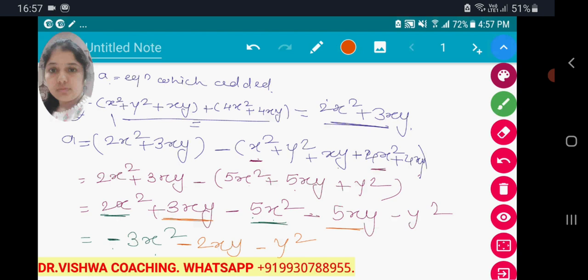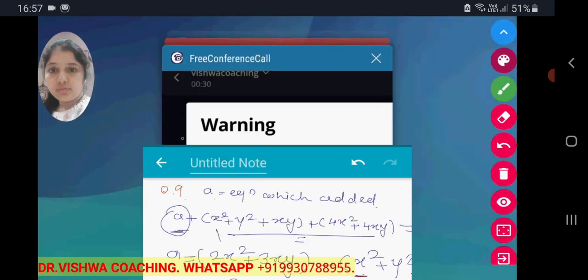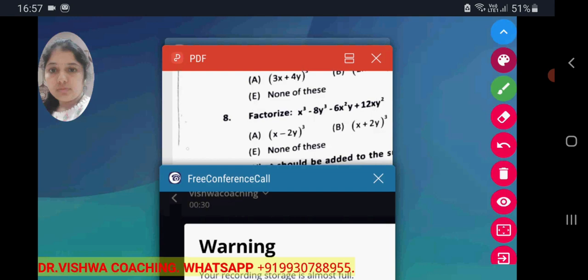Now take out this minus sign as common from all the three terms, so the equation becomes minus into the bracket 3x square plus y square plus 2xy. So where is your answer in the given question?